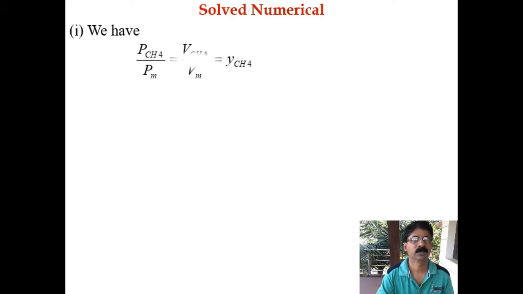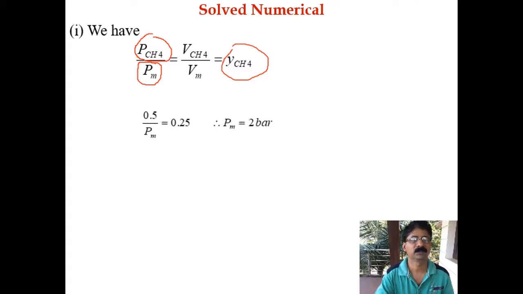Now the volume fraction is also equal to the mole fraction, which is also the ratio of the pressure of the individual constituent gas to the pressure of the mixture. So here it is written for methane: partial pressure of methane PCH4 divided by mixture pressure Pm is equal to VCH4 divided by Vm, which is also equal to YCH4.